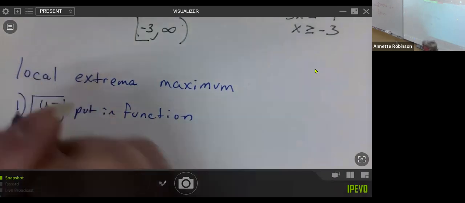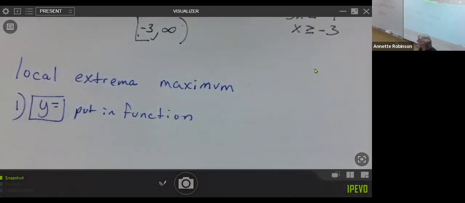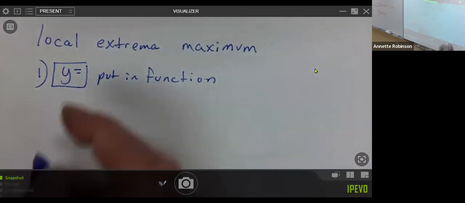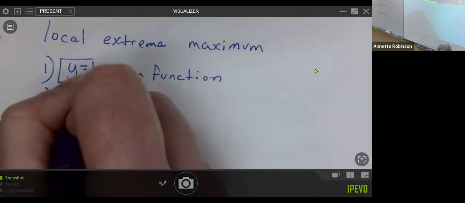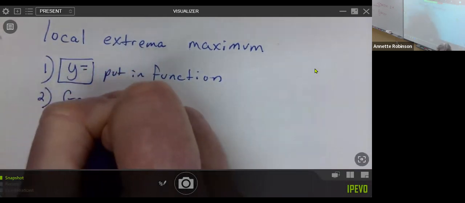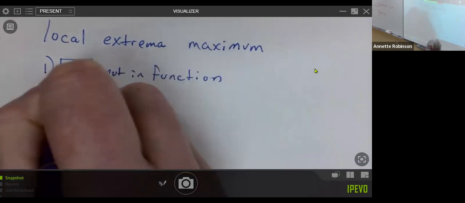You're not all going to always hit Zoom 6, but you could if you wanted to get it back to normal. Step 2: make sure to graph it. If you don't hit Zoom 6, you're going to have to hit the graph button.